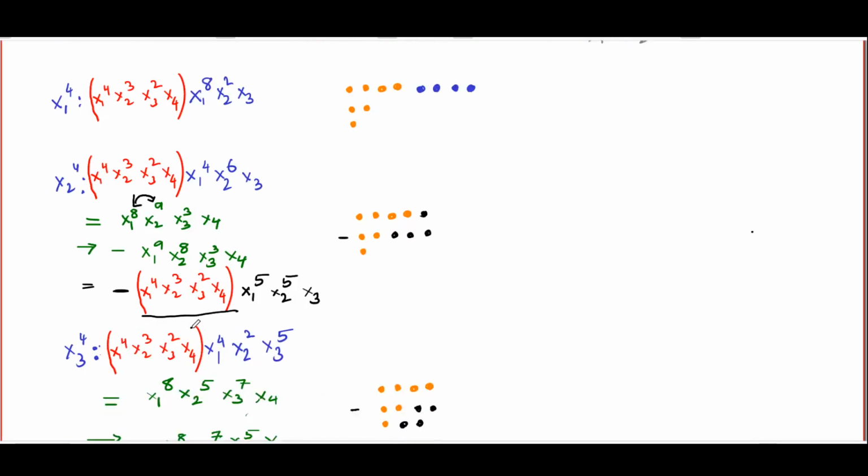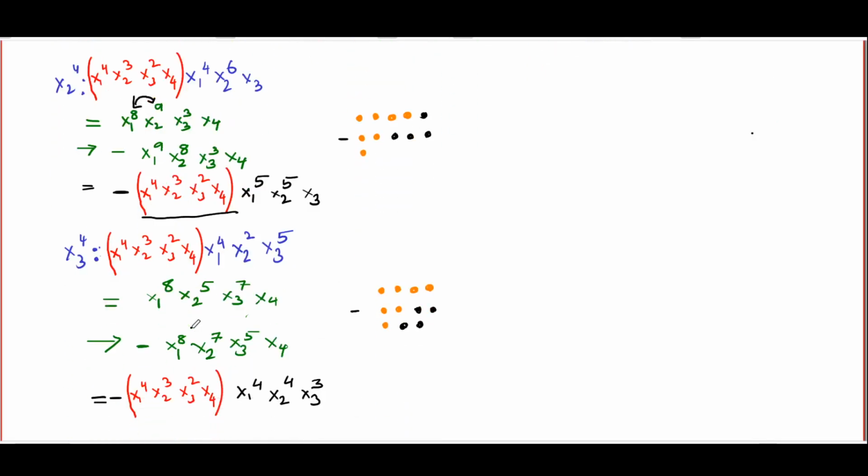Let's come to x3 to the power 4. x3 to the power 4 would end up giving the power of x3 a value of 5. And so if we collect all the powers together, we now have 8, 5, 7 and 1 for the powers of x1, x2, x3 and x4 respectively. Once again, we have violated the rule.